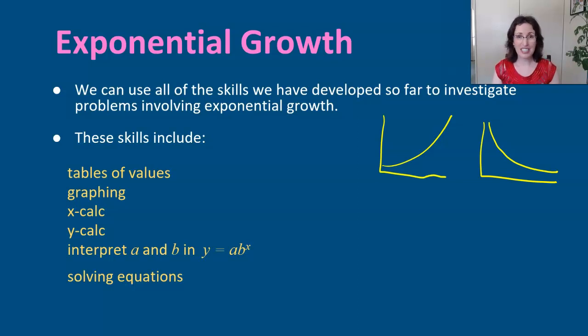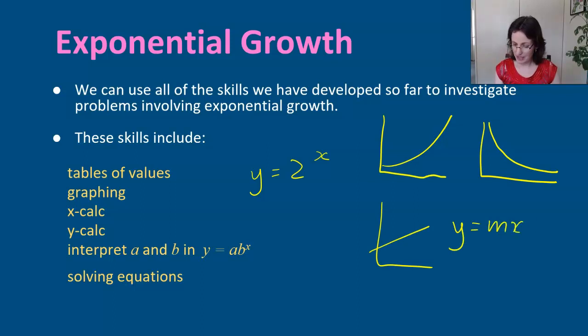Just a recap of some of the skills that we've done: table of values, and remembering that exponential equations are things like this, where the exponent, the variable, the unknown, the x is up in the power. Whereas when we did straight line graphing, it was in this format, y equals mx plus c. So exponential, it's up in the power.